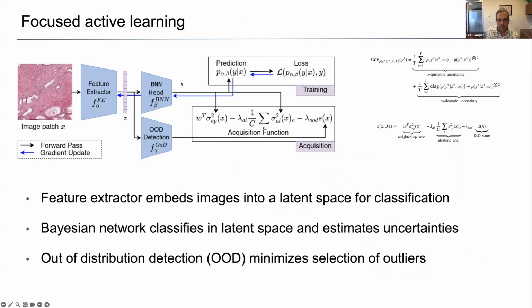This Bayesian network does some mathematical calculations to identify the uncertainty of every sample that could be labeled and to calculate the fraction of epistemic versus aleatoric. We also have an out-of-distribution detection component in this model, which essentially says there may be things that are highly uncertain, but if they're artifacts and they really don't look like they belong in the data, we probably want to avoid those. That's the model that was developed. We call this FOCAL.